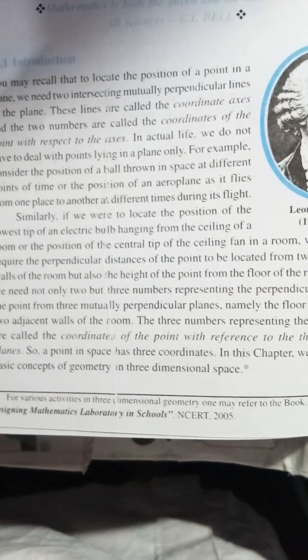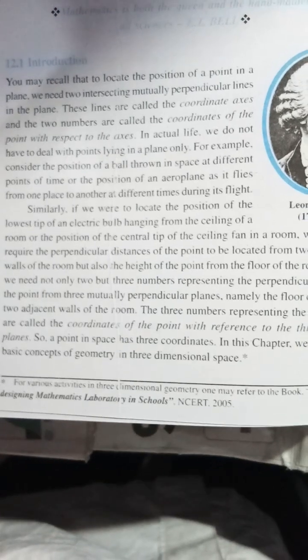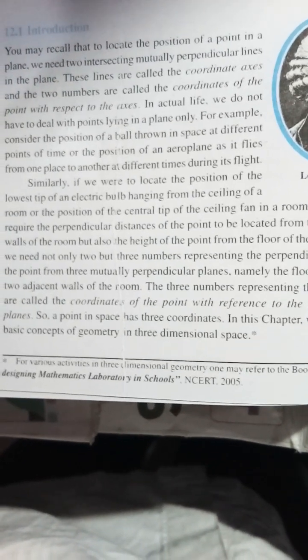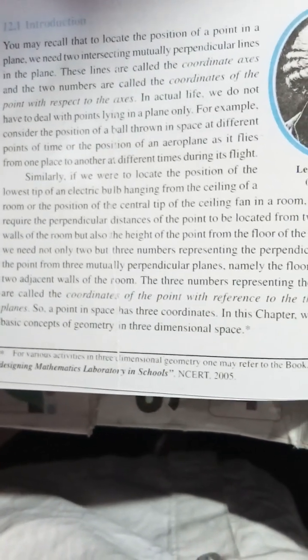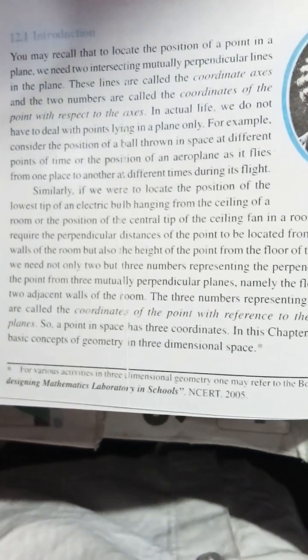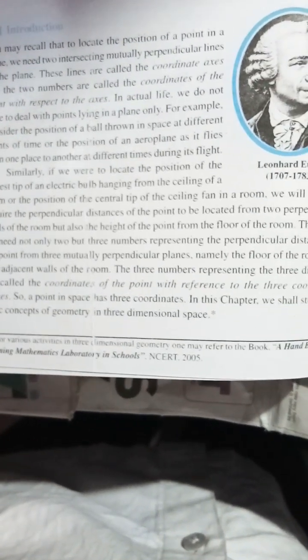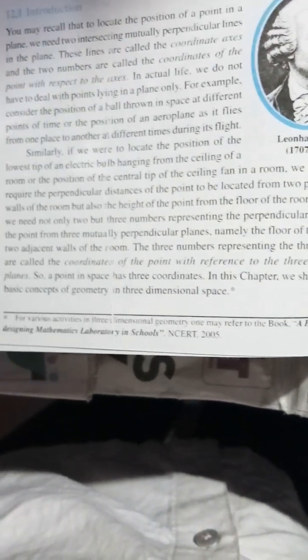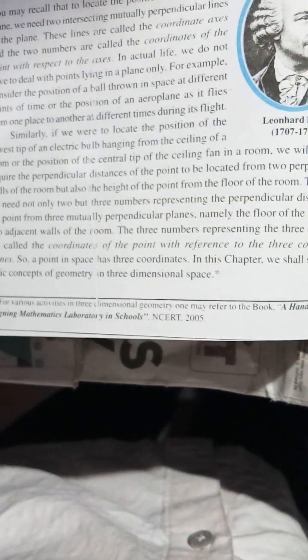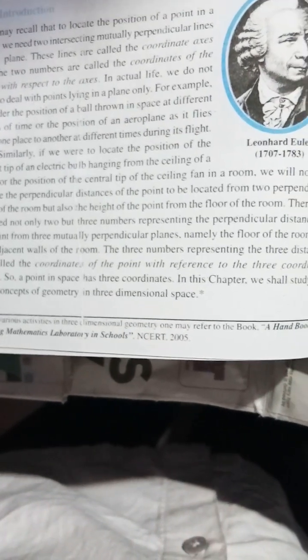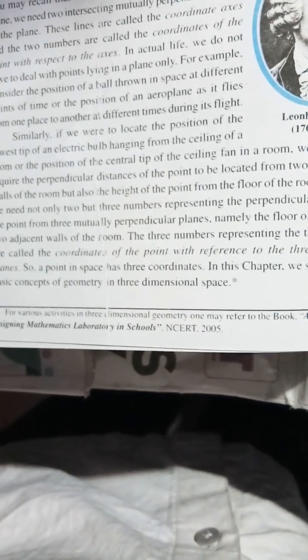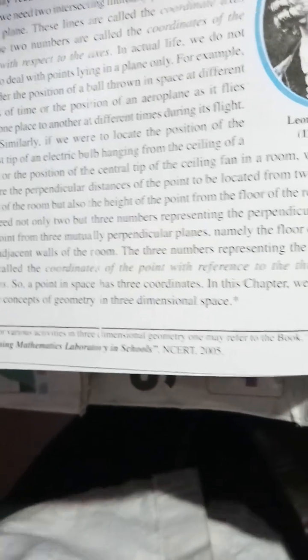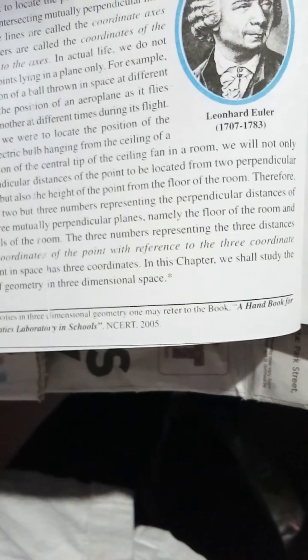Similarly, if we were to locate the position of the lowest tip of an electric bulb hanging from the ceiling of a room, or the position of the central tip of the ceiling fan in a room, we will not only require the perpendicular distances of the point to be located from two perpendicular walls of the room, but also the height of the point from the floor of the room.